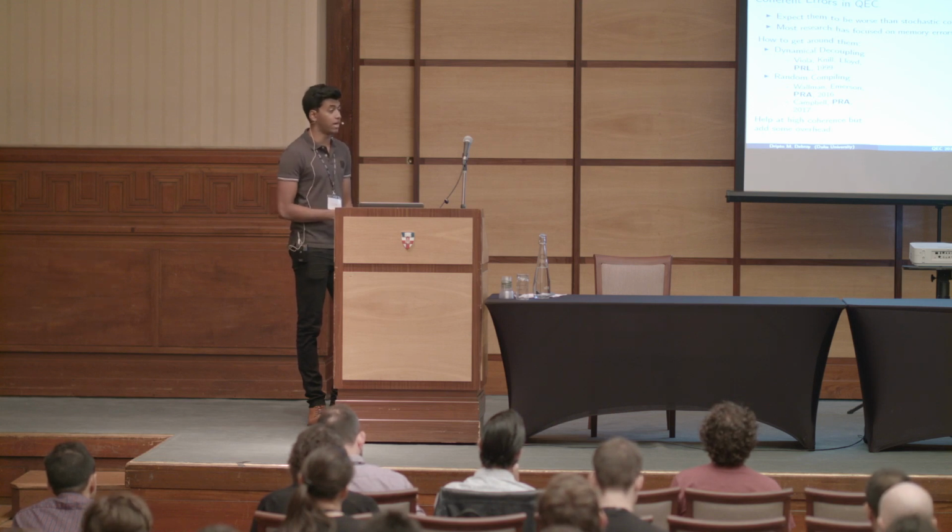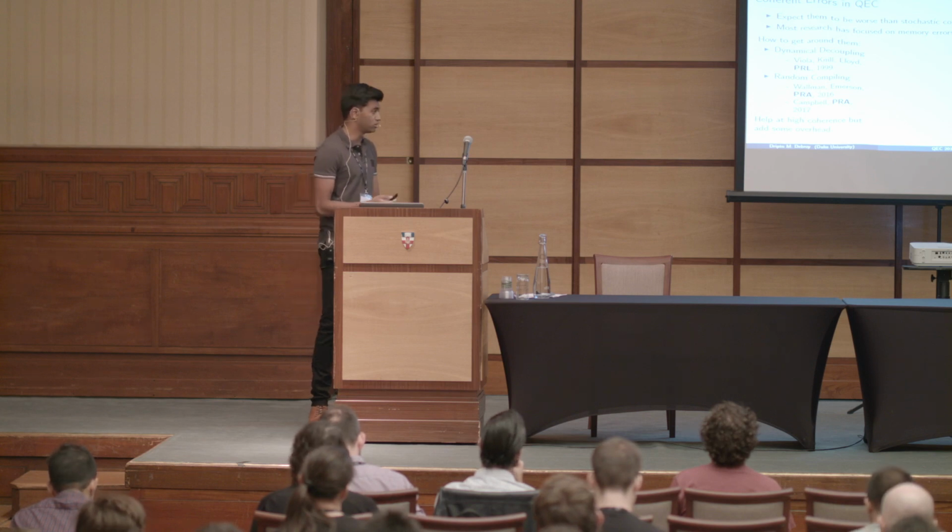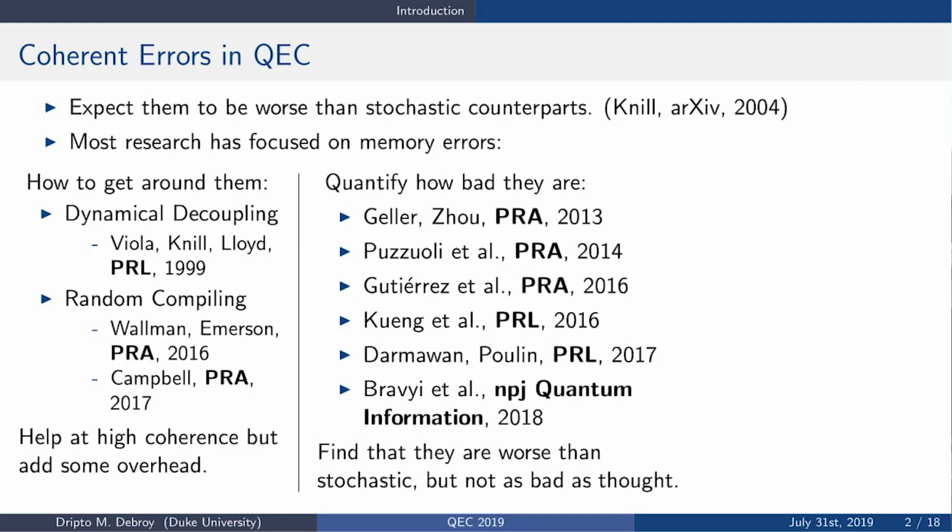Because of that overhead, if you had a completely incoherent system, you're adding just extra gates to your system, and you could see a mild loss. A lot of work has been done, and this is only a small subset of it, on quantifying how bad these errors are. They generally find that these are worse than stochastic errors, but not horribly worse, generally just a small factor increase.